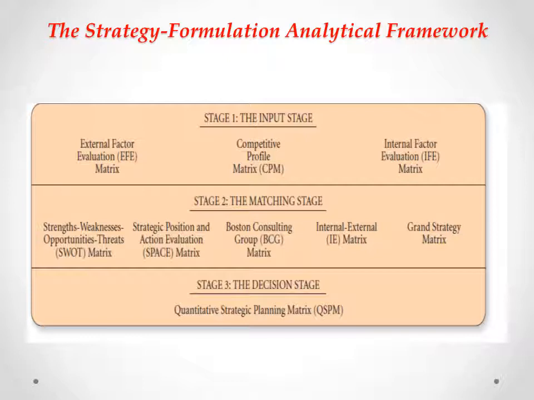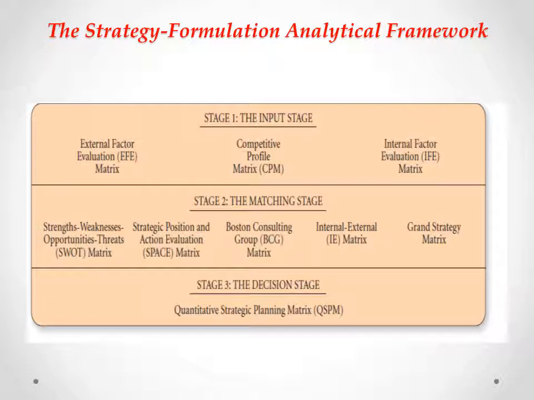This figure represents a summary of what we have said before, so you will depend on 9 techniques across the 3 stages. At the first stage, the input stage, you will depend on the external factor evaluation matrix, the competitive profile matrix, and the internal factor evaluation matrix.